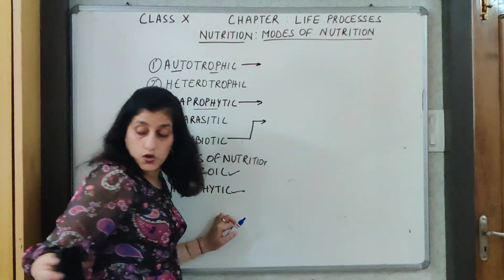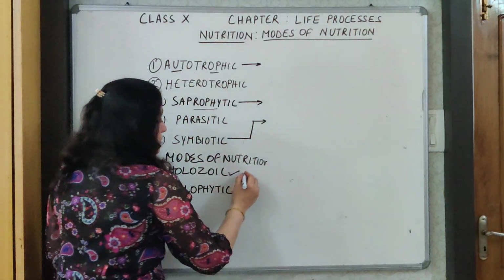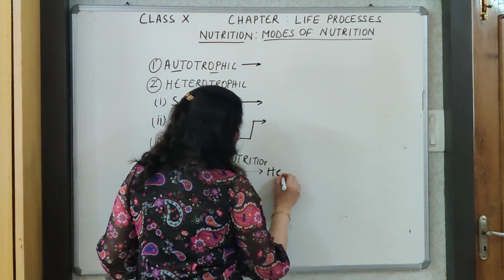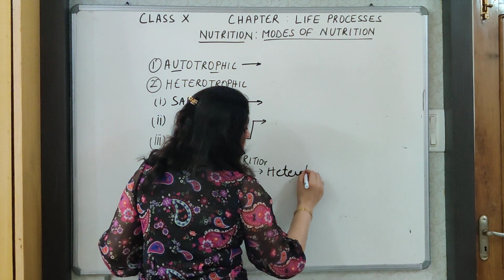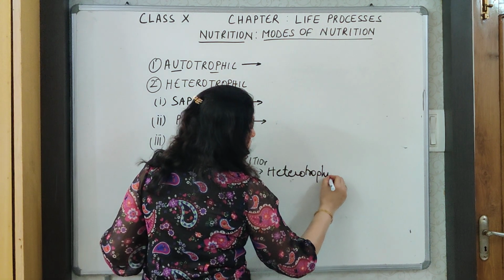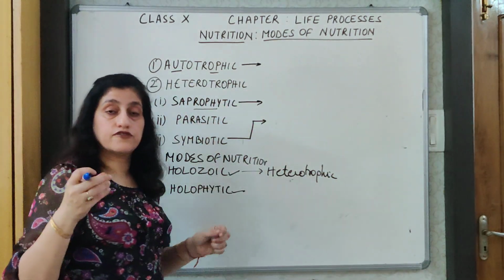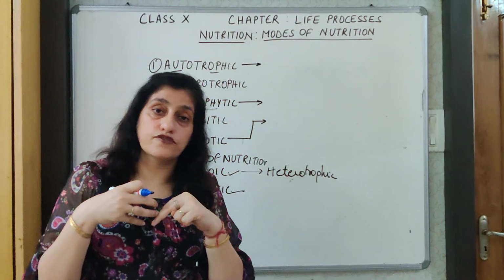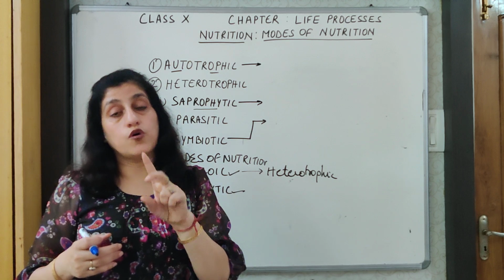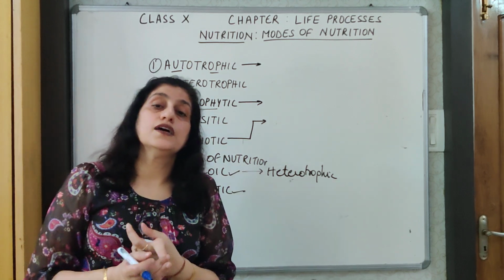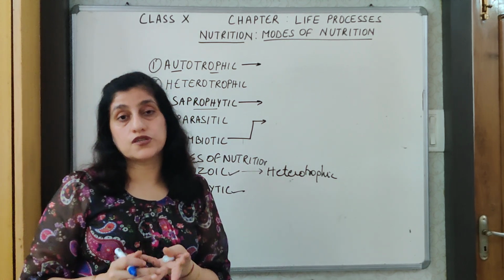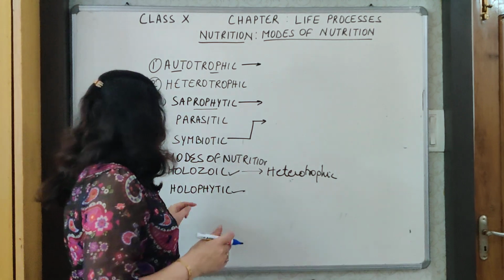So we can say Holozoic is another term for heterotrophic mode of nutrition. Here they take solid food. They cannot manufacture their food and hence they take in solid food and then they undergo all the steps of nutrition, that is digestion, absorption, assimilation, etc.